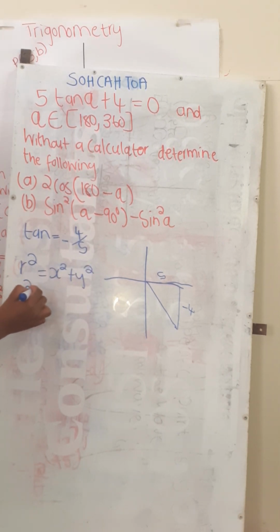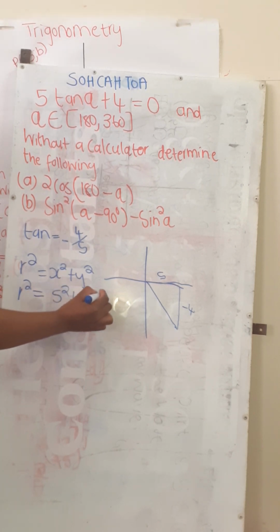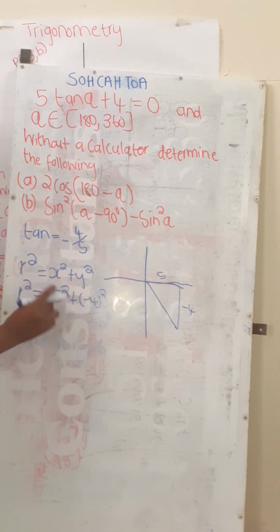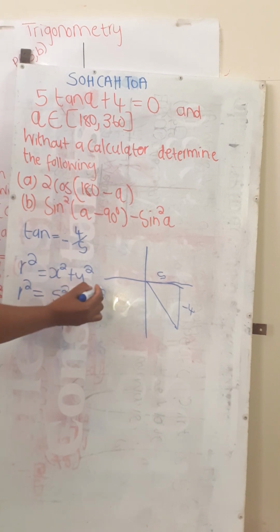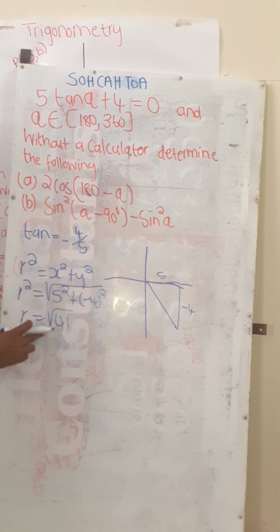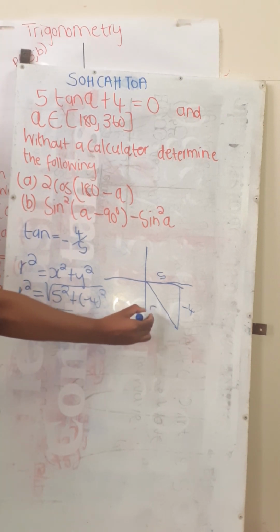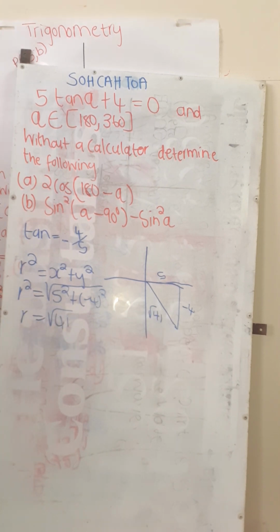R squared equals 5 squared plus (-4) squared, and when you punch that into the calculator, you will get 41. Now you square root, and r equals root 41.